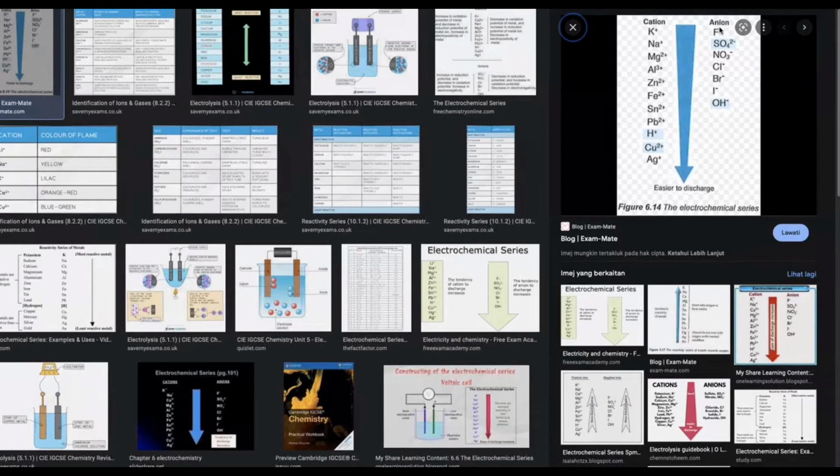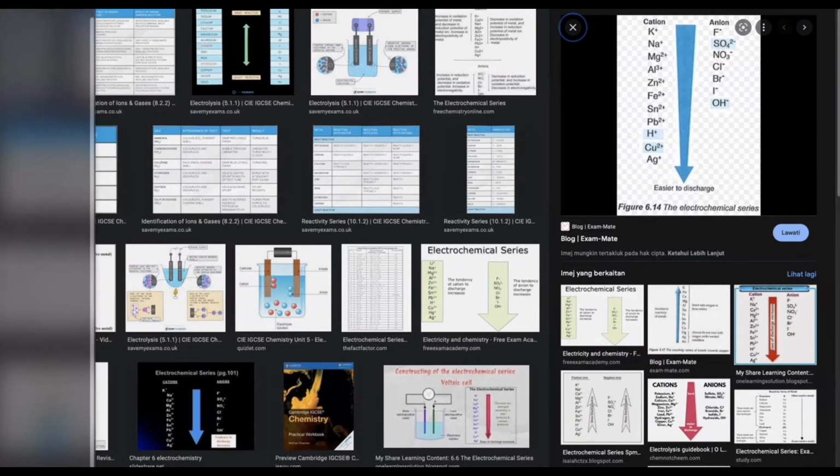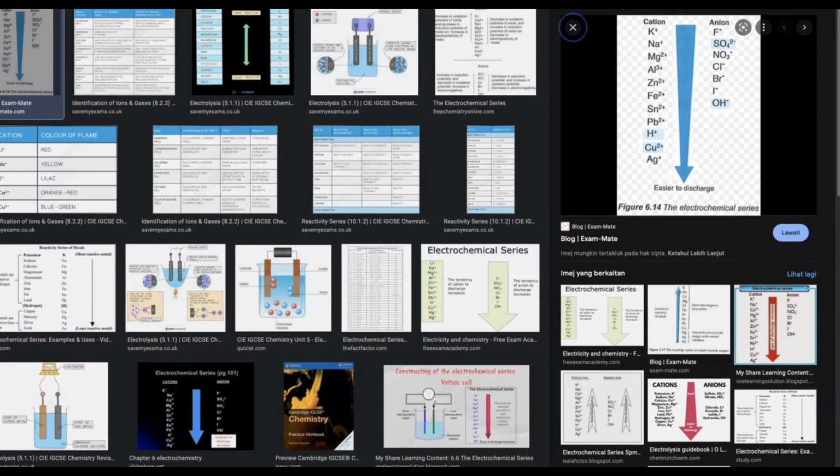Whoever stays at the bottom is less reactive and it is easier to discharge. Whoever stays on top is more reactive and it is hard to discharge. So you have to know this, and then we choose the one that stays at the bottom to form product.